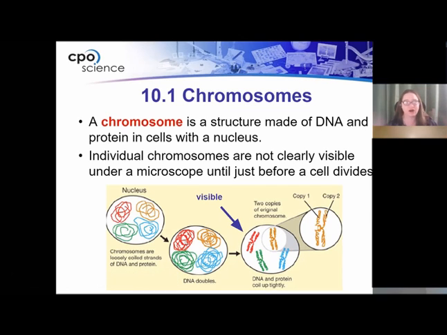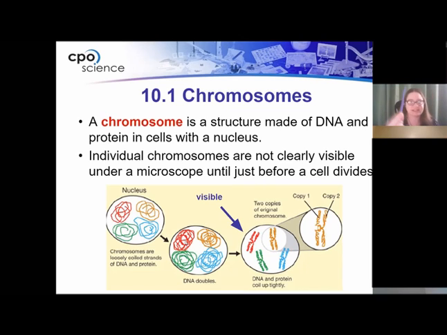Okay, so all these squiggles, there's a whole bunch of them now. They start to organize and get together, and they're like, we are going to duplicate this cell. And so they arrange themselves into long spindles.